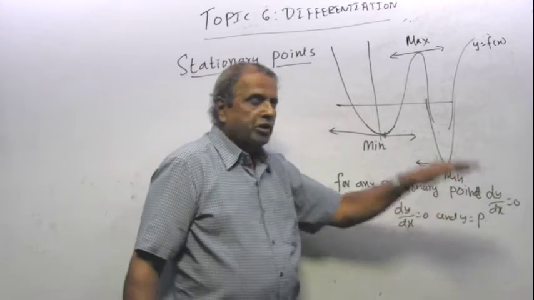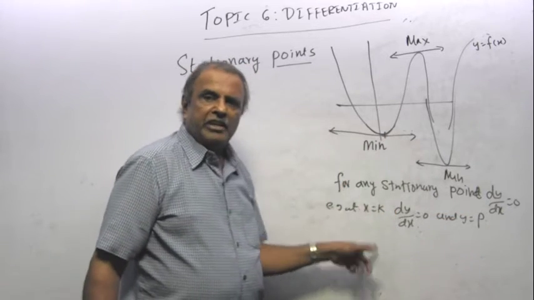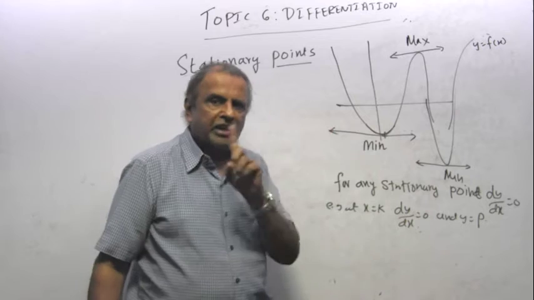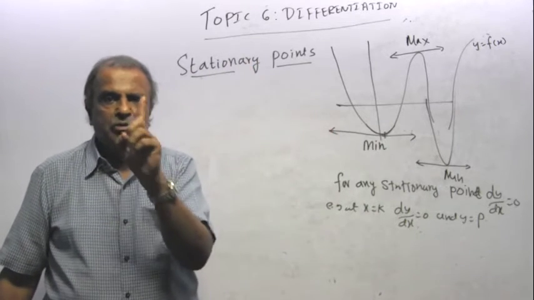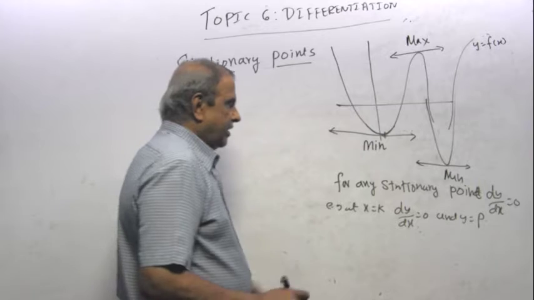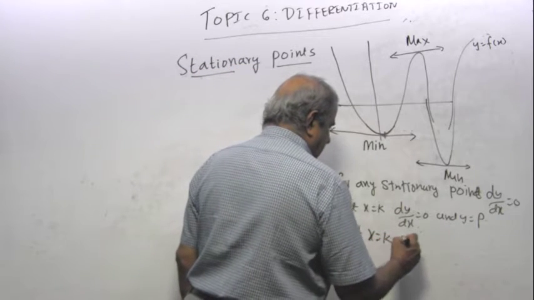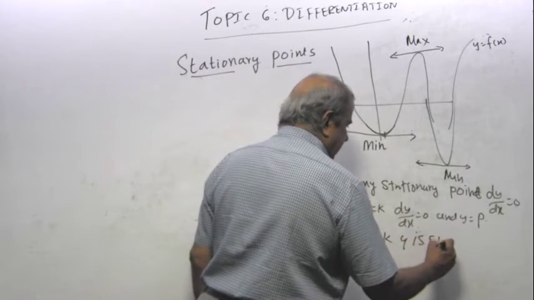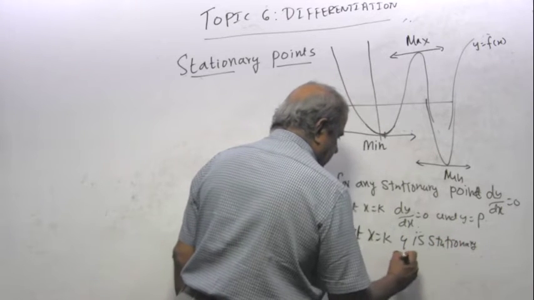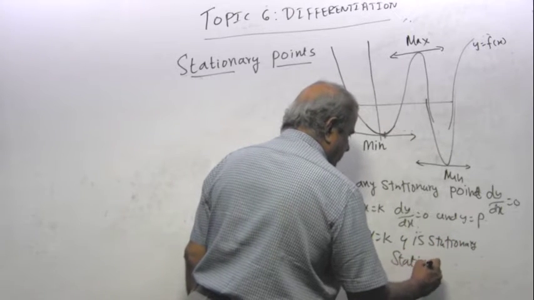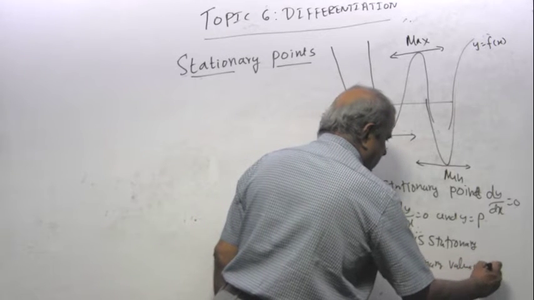So whenever you find maximum and minimum, it's not the value of x that is the maximum, it's not the value of x that is the minimum. It is the value of y and not x. Please don't make that mistake. So in other words, at x equal to k, y is stationary, and the stationary value is p.